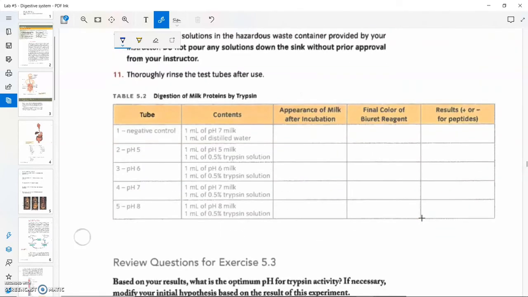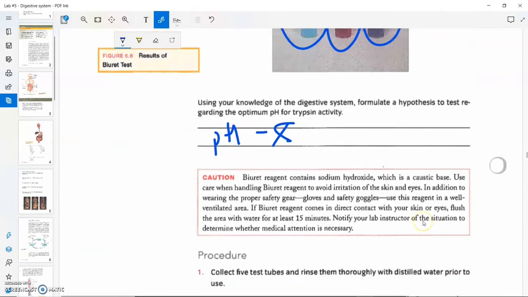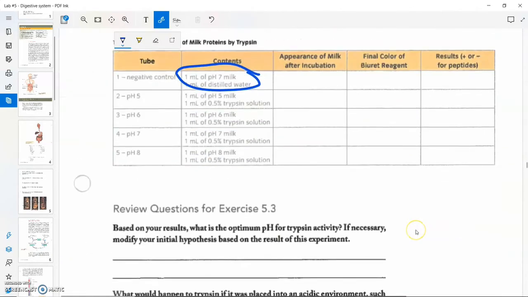So we have 5 tubes. We have one tube that is milk and water, or negative control. So does it contain proteins? Absolutely. So if it does contain proteins, we have dark blue. Milk is white. Now when we mix milk and trypsin solution at pH 5, milk will be probably white with some traces.